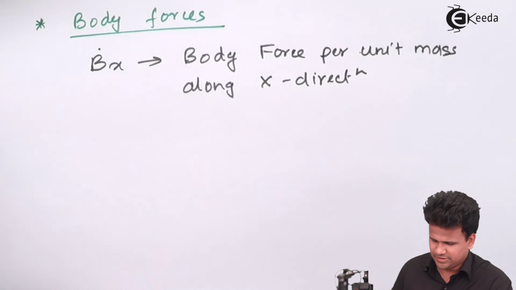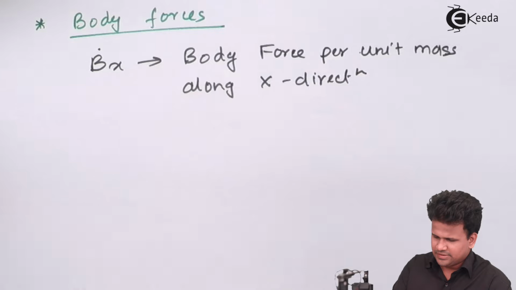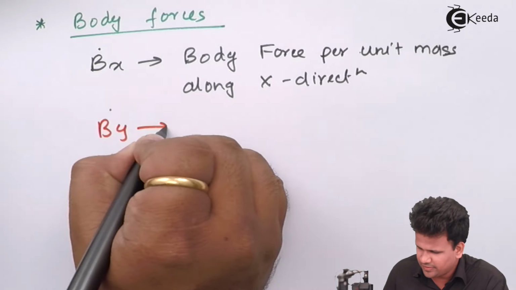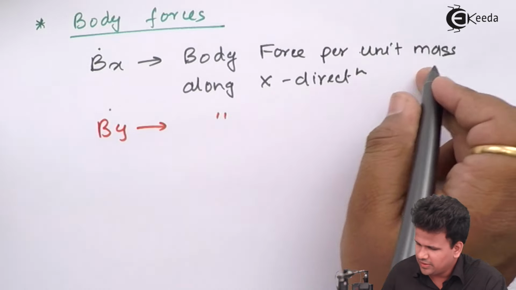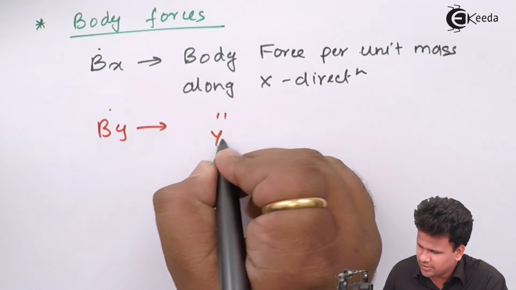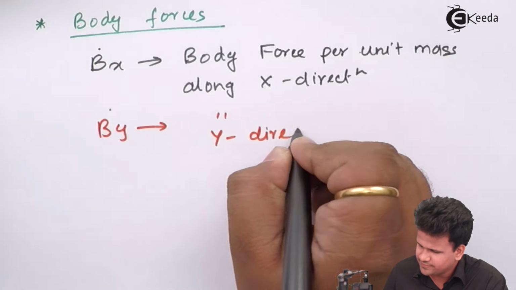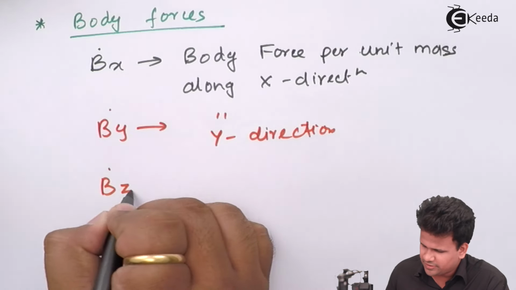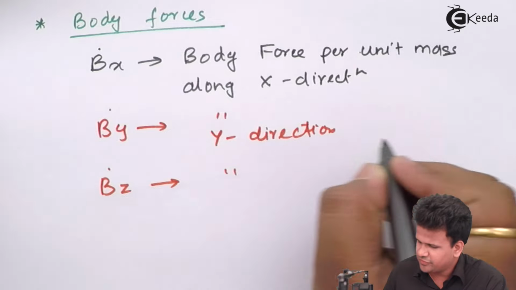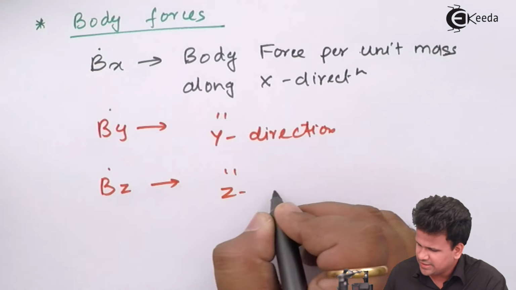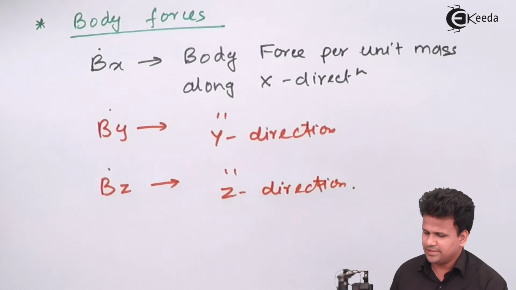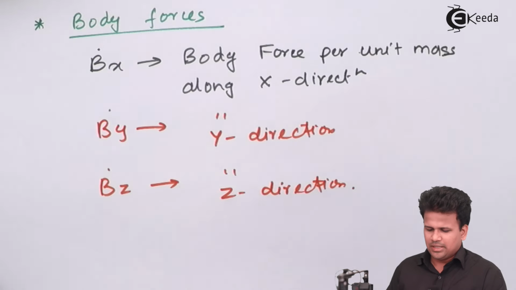Similarly, By will be body force per unit mass along the y direction, and Bz will be body force per unit mass along the z direction. So body force along the x direction, y direction and z direction.